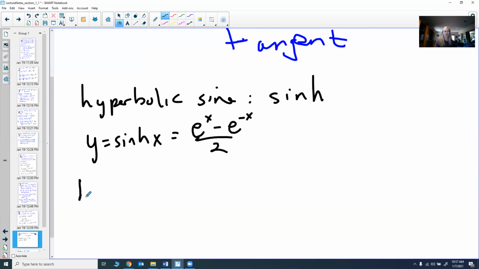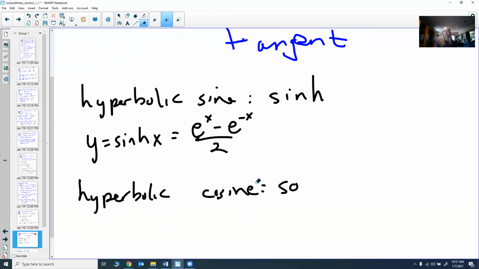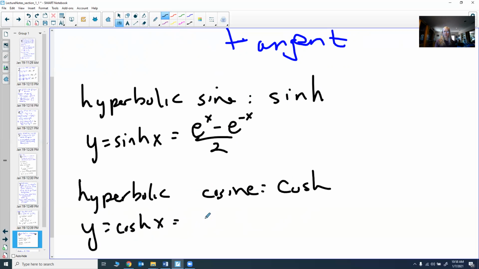So that's actually what the hyperbolic sine is. The hyperbolic cosine. The symbol for that is COS, like cosine with an H on it. So some people like to call it cosh. So you'll see that one. And the hyperbolic cosine is e to the x plus e to the minus x over 2.